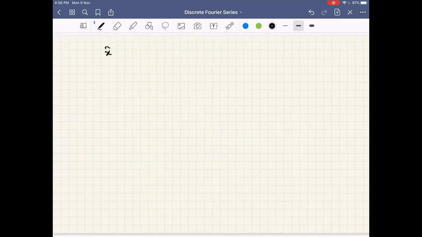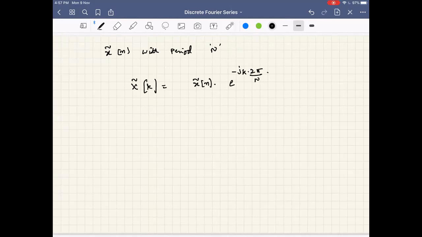So let's now consider x tilde of n with period capital N. Okay, so we can write x tilde of k, that is the frequency domain representation for this discrete periodic signal, as x tilde of n correlated with the discrete complex exponential with k into 2 pi by N. Fine, this is omega naught into n, right?